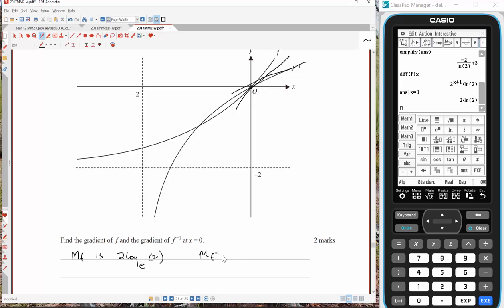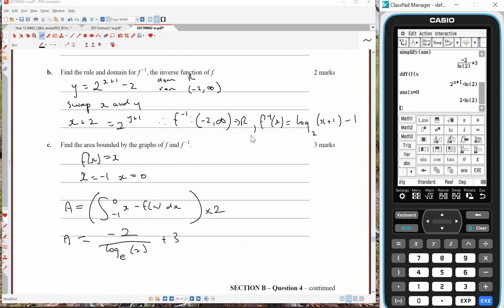And the gradient of the inverse is going to be 1 over that. Basically, let's just go to linear and think about this line here. If this line is y equals 2x, then if you invert it, this line will have a gradient of 1 on 2. If you're not too sure though, we'll just go ahead and define the inverse function. Log 2 x plus 1 take 1.